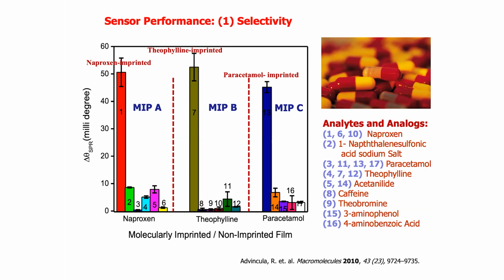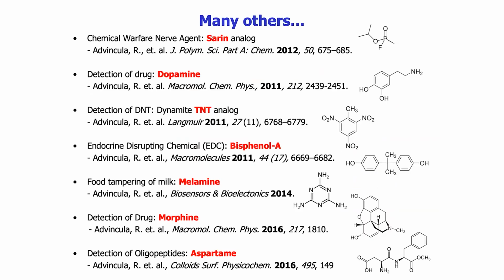Thus, this type of exercise can actually be extended to a number of molecular systems. Here, we've demonstrated that a serine analog, dopamine, TNT analog, bisphenol A, melamine, morphine, and aspartame have this built-in specificity when this particular approach was used.